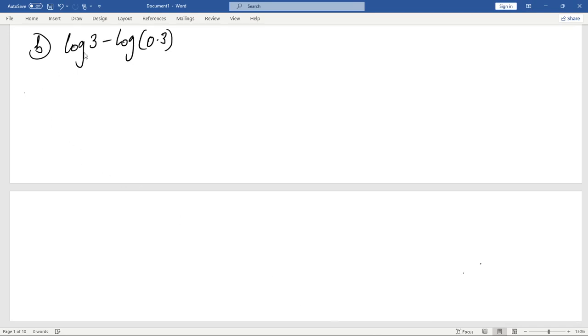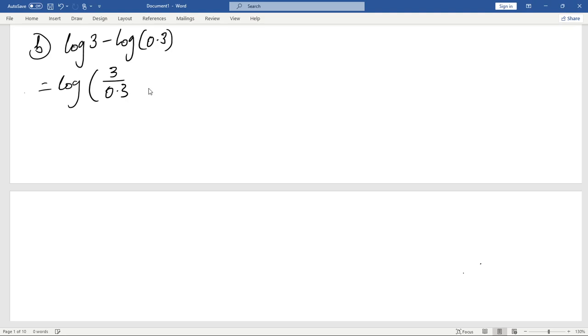Okay, so we have to evaluate this one as well. Since we're subtracting, these two are being divided. So we're going to have log, open brackets, 3 divided by 0.3. Now, dividing decimal numbers like this becomes a bit challenging if you don't have a calculator.